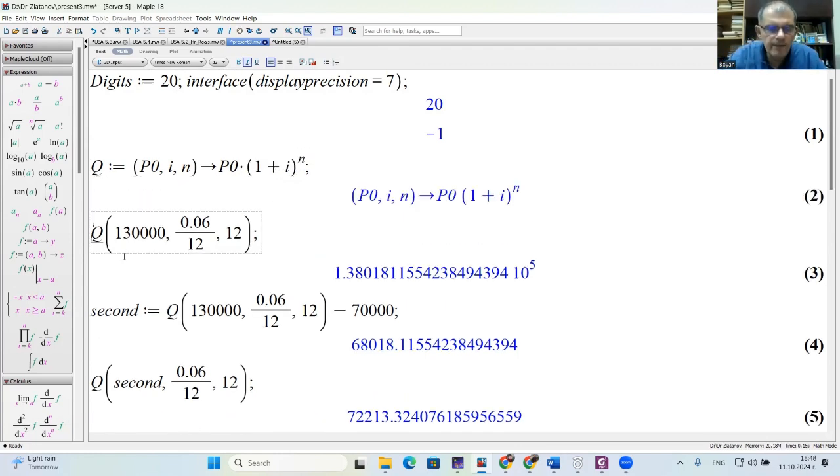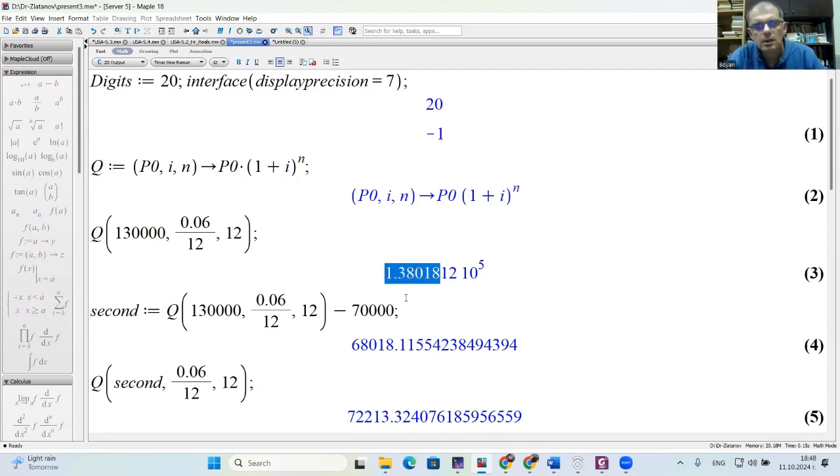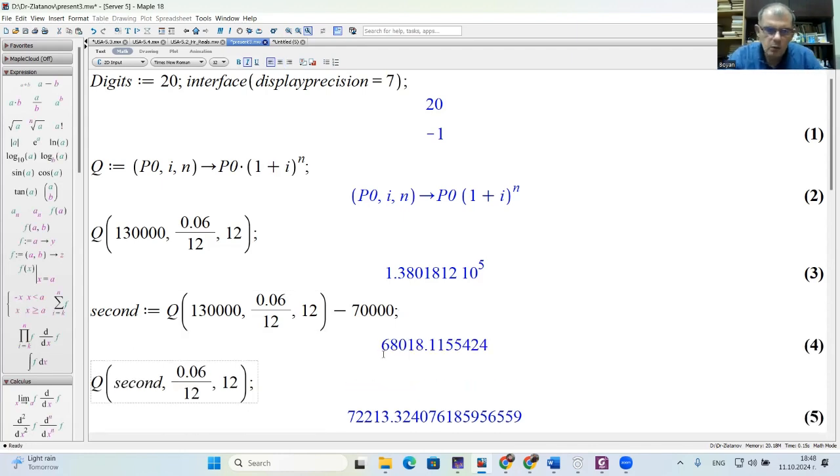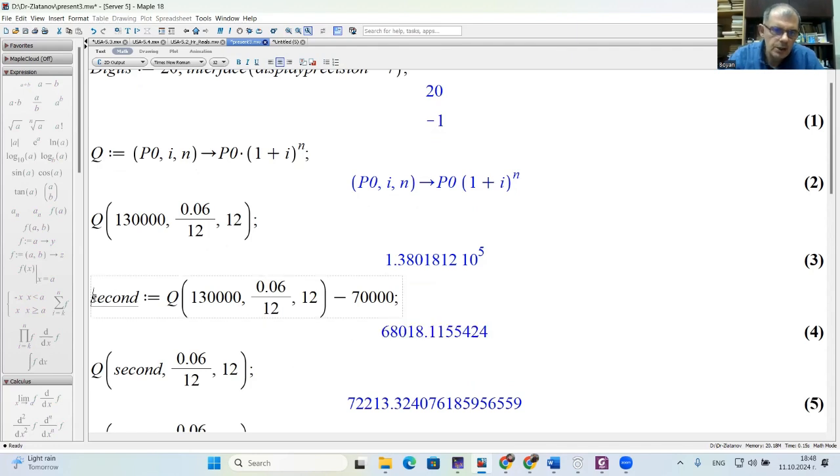So if we have after the first payment 130,000 compounded with 6% year interest rate 12 times a year, they will produce $138,000. We pay the second payment and we leave with this amount of money, which is in the variable second.